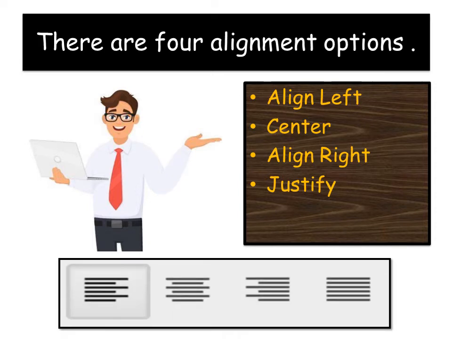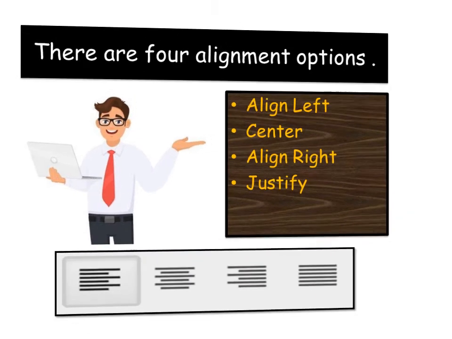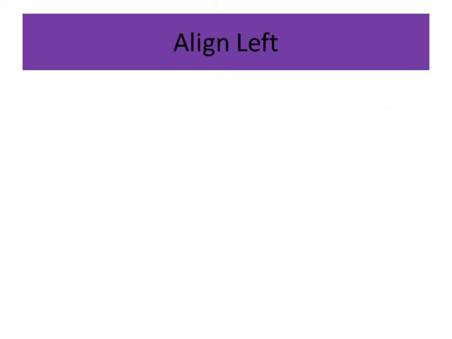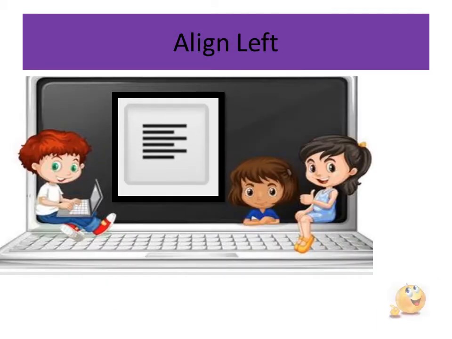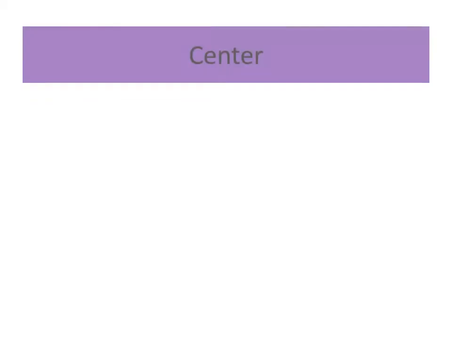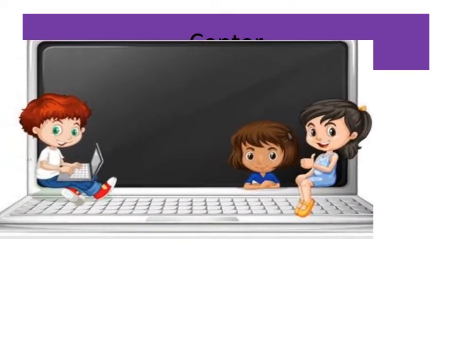Again, I will show you all these options with their buttons. Everyone can easily identify those. Okay, this is the align left button. If you want to align your paragraph to the left side, you can use this button. And this is the center button.